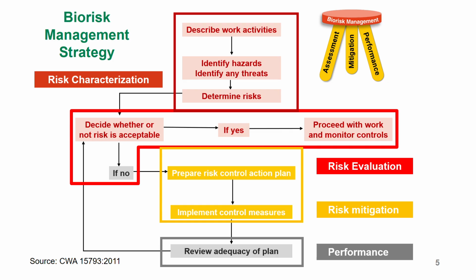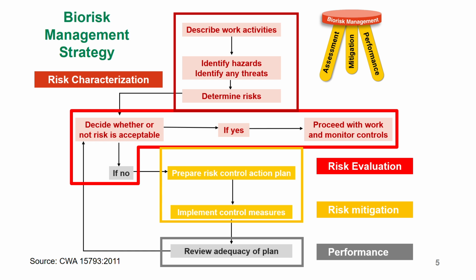What that is telling you is that the risk control measures that you implemented were not adequate to reduce or eliminate this risk, or not adequate to reduce the risk to a level where it's acceptable. At this point, you need additional control measures.